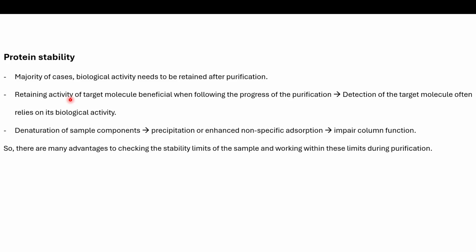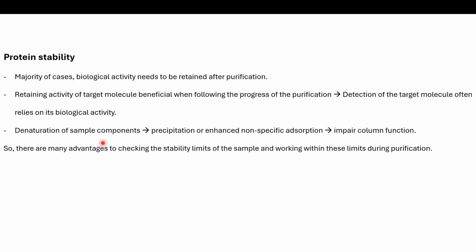So suppose we are purifying a protein, the protein should be functional after the complete purification. So retaining the activity of the target molecule is important while following the progress of the purification, and detection of the target molecule also often relies on its biological activity.